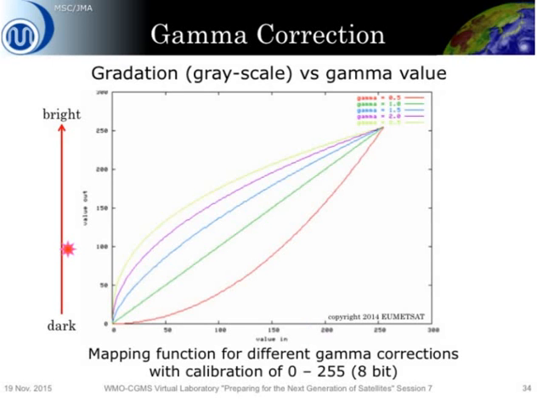You can see that the mapping function is a power law, and the gamma value is its exponent. By adjusting the gamma value, you can vary the change rate of gradation.